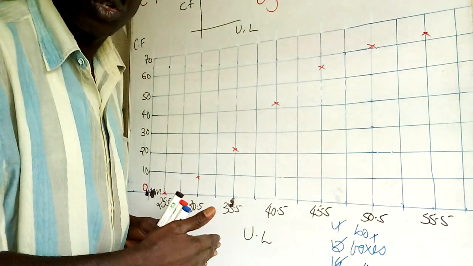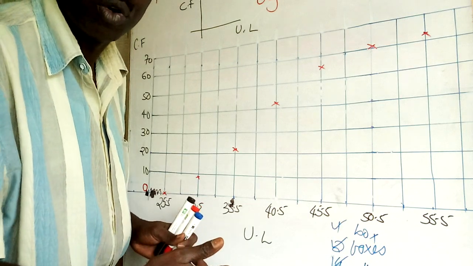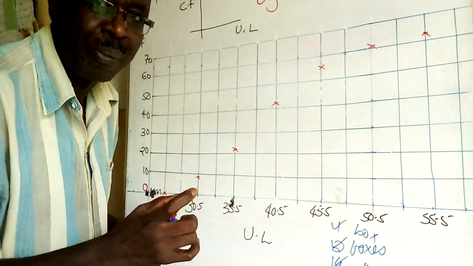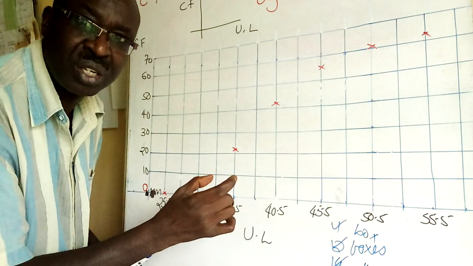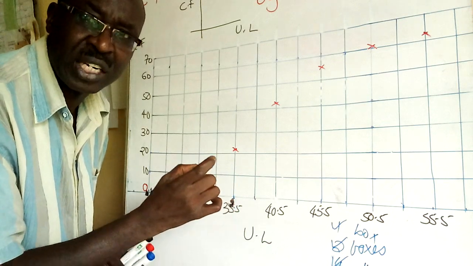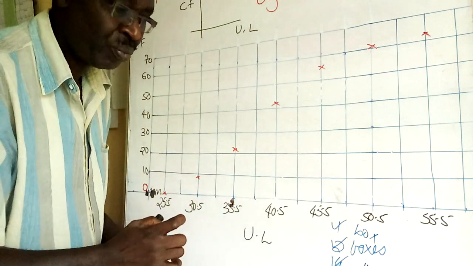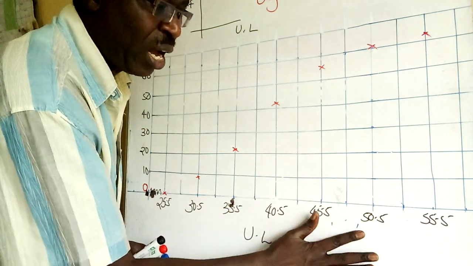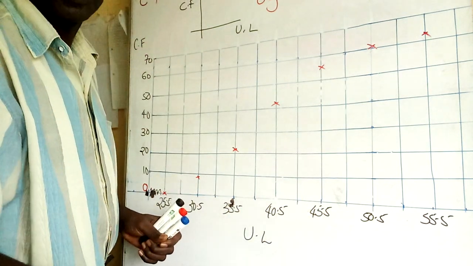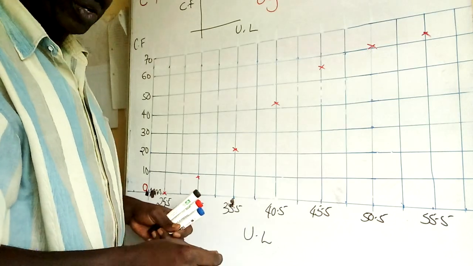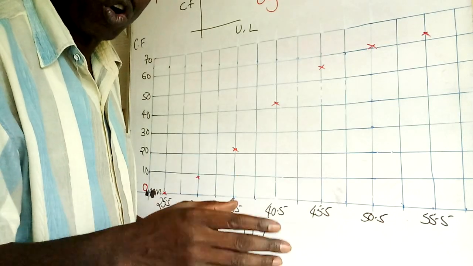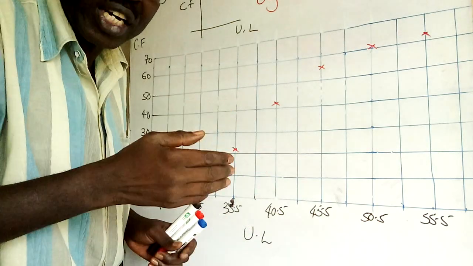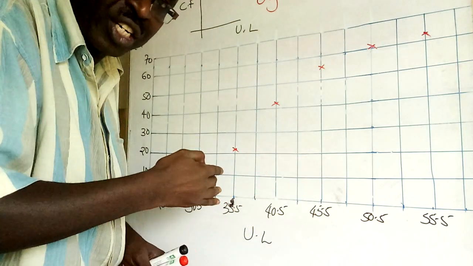So those either 1 or 2 or 4 boxes will represent a particular range. Okay, it will represent a particular range. After you've done that, after you have used 1 or 2 or 4 boxes, you have to understand the subdivisions inside.